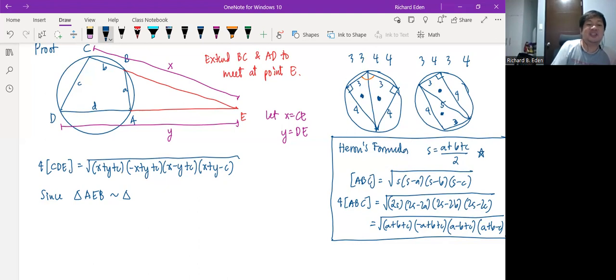Is it similar to CDE? Yes. In what order of vertices? So I've written down AEB. Okay, wait, it should be triangle CDE, or CED, or DEC? Charlie Delta Echo.